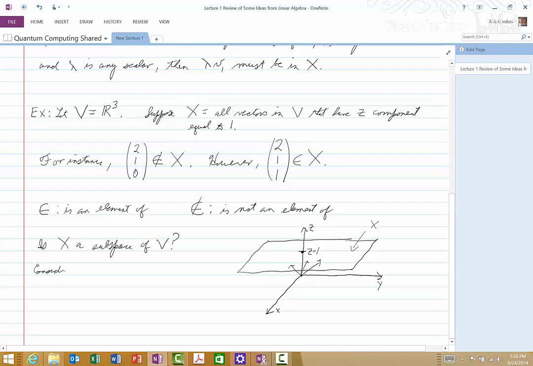Consider the two properties that a subspace must satisfy.